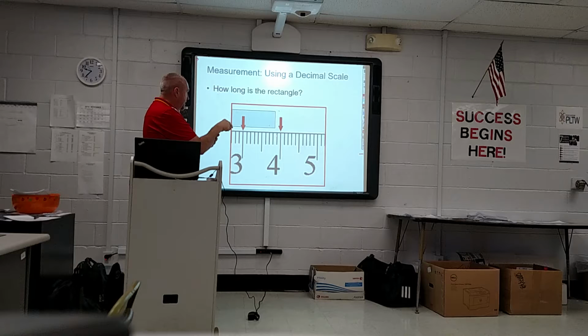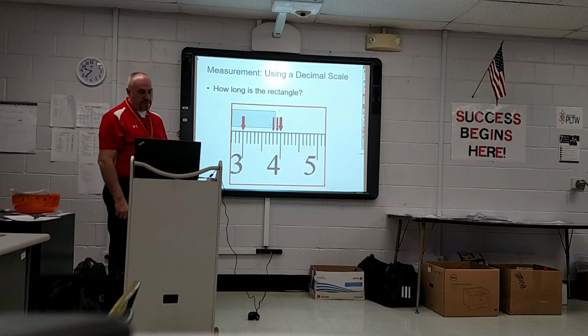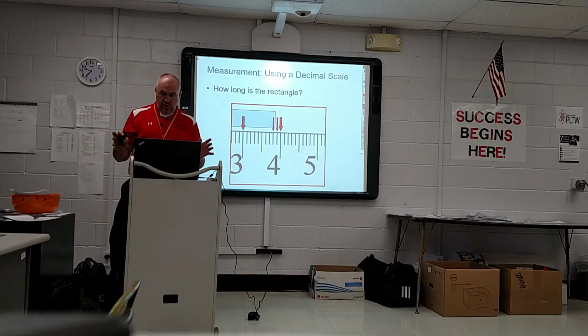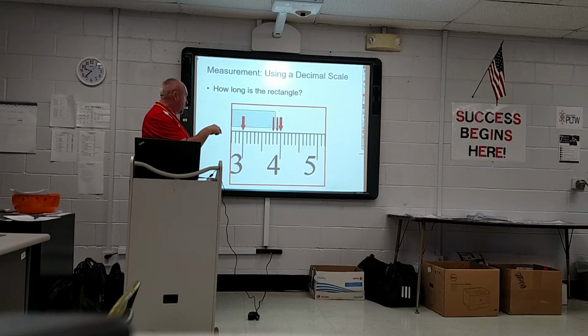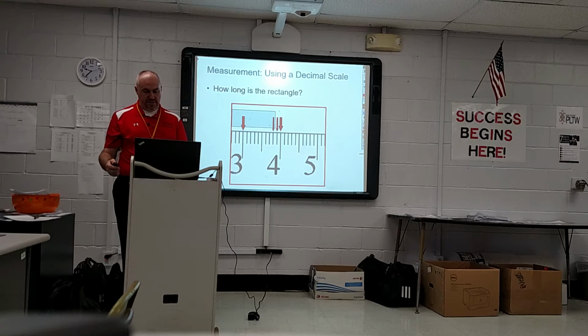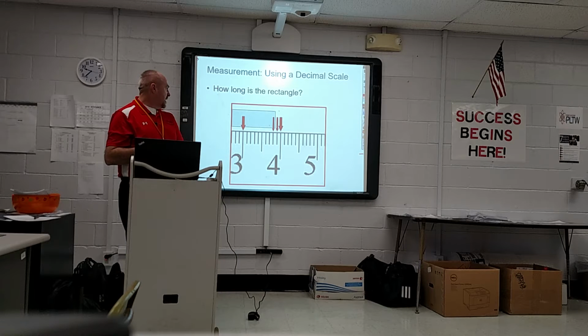It's longer than 8. And there's 9. It's shorter than 9, as you can see by those arrows. So we can be certain that this measurement is between 3.8 centimeters and 3.9 centimeters.